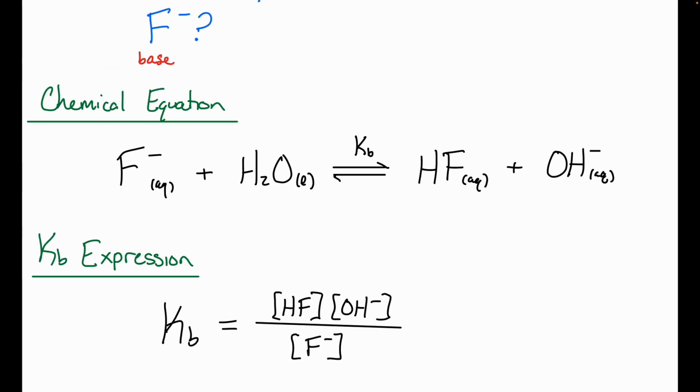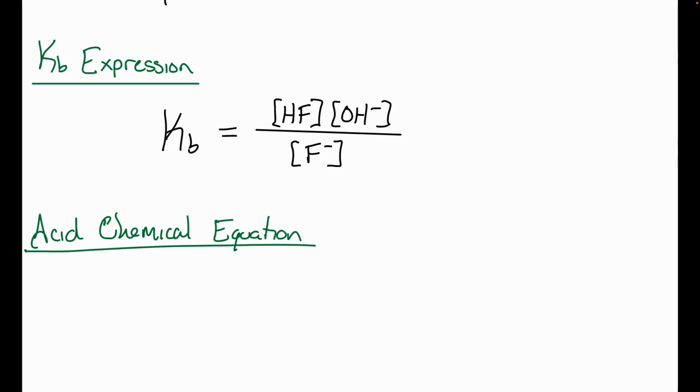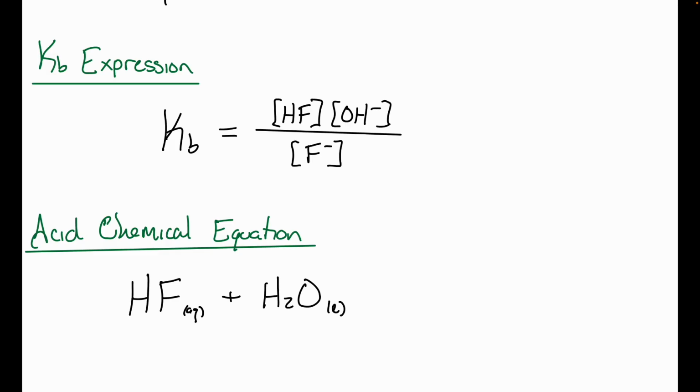So this was for our base. We're going to play the same game here, but we're going to do our acid chemical equation, where we take HF and put that in water. This has that Ka value that we looked up on that table.